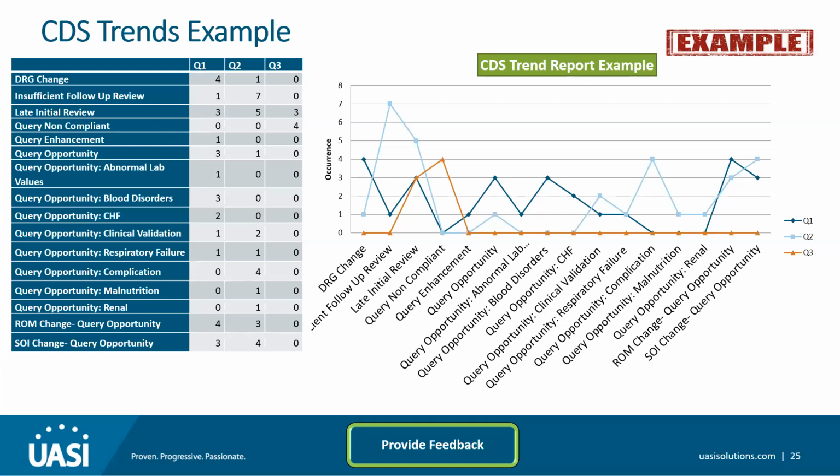If you're looking at the bar graph, quarter one is the navy, the dark blue, and quarter three is the orange. And this CDS can really celebrate, right? Their opportunities have really decreased, and that's pretty exciting. That's neat to see, and it's nice to see those trend lines. And so providing examples and reports like this for your CDI team can really help do that.